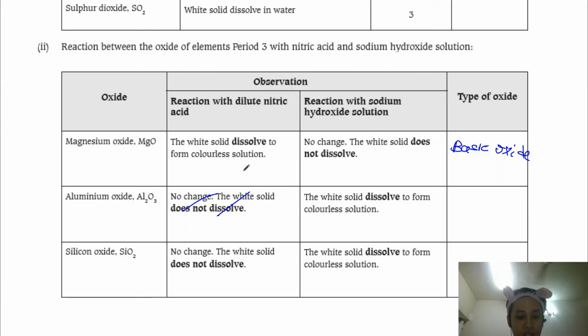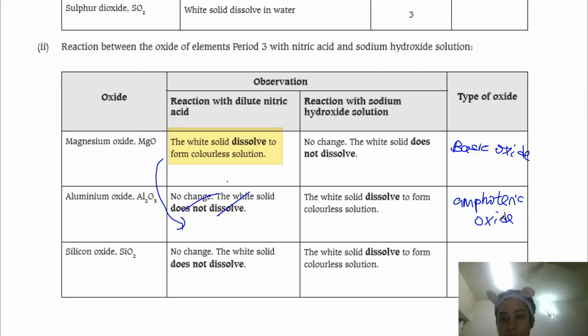For aluminium oxide, can you change the observation to this? This one should be the same as this: the white solid dissolved to form a colourless solution. Because aluminium oxide is amphoteric, it can react with both acid and base, so by right you will see observations in both reactions.